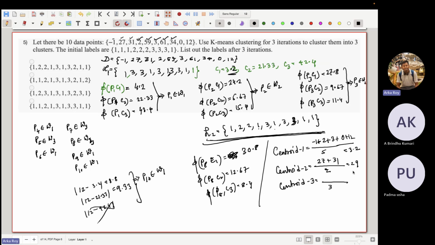And for centroid 3, the last is 61 plus 34 and 59. So 59, 61 and 34, which basically reduced to 154 divided by 3. So this is 51.33.